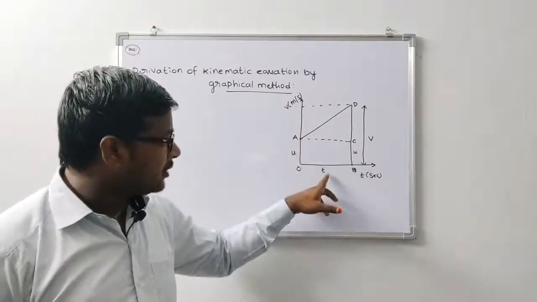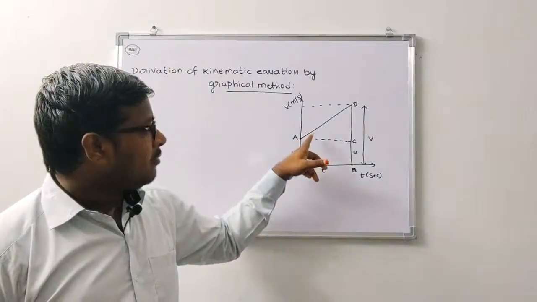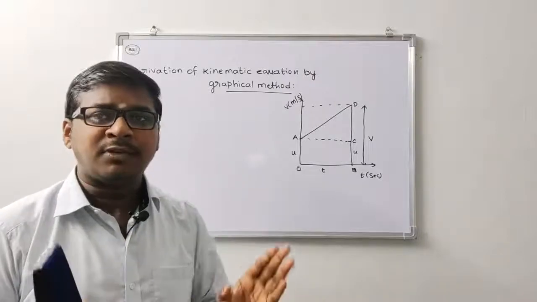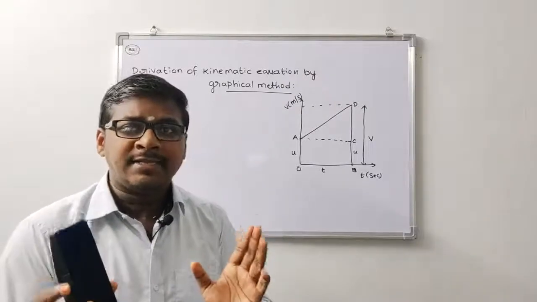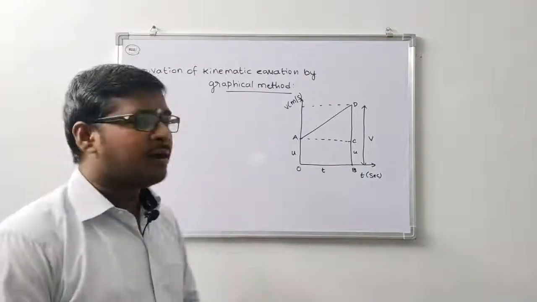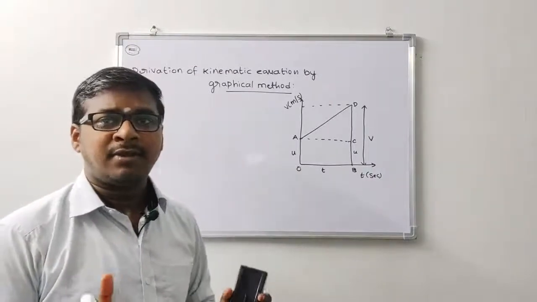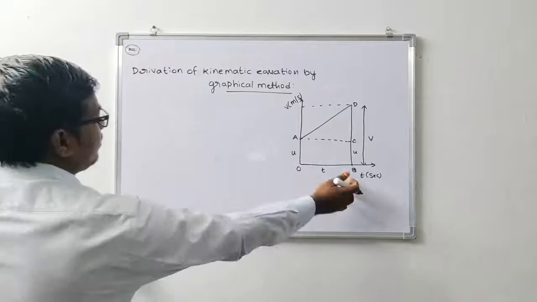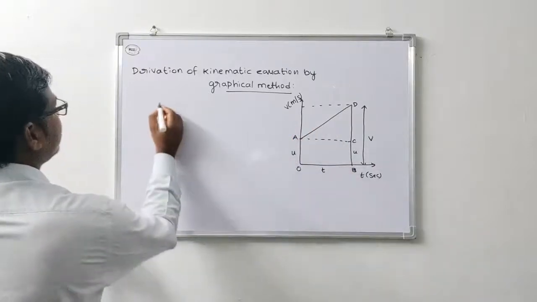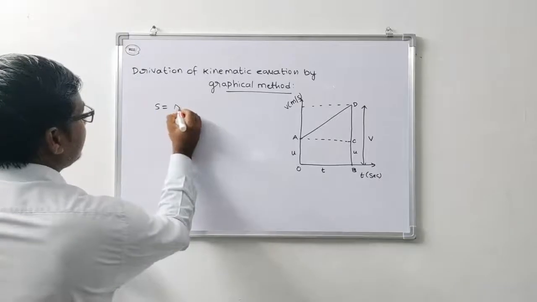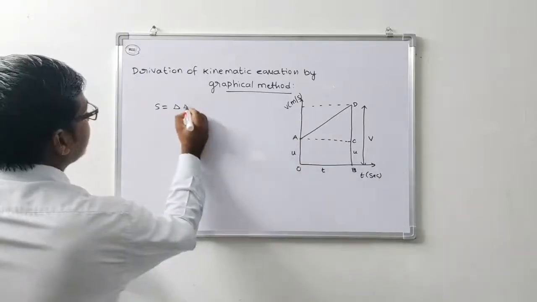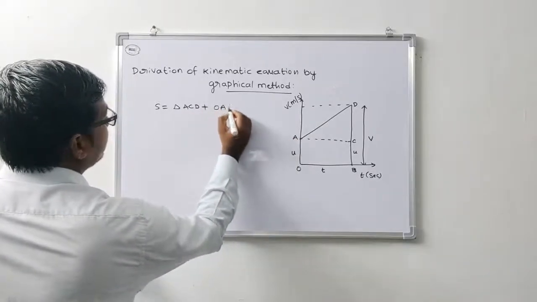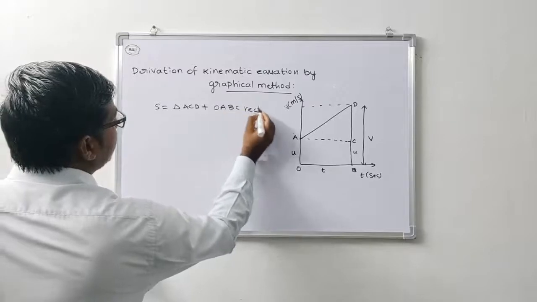After time t, the body has final velocity v, and in time t seconds it covers a distance s. The area under the velocity-time graph gives displacement. Then s is equal to triangle ACD plus rectangle OABC.